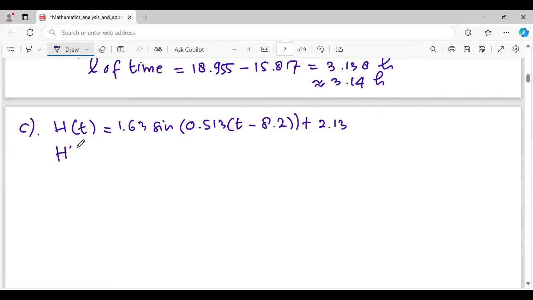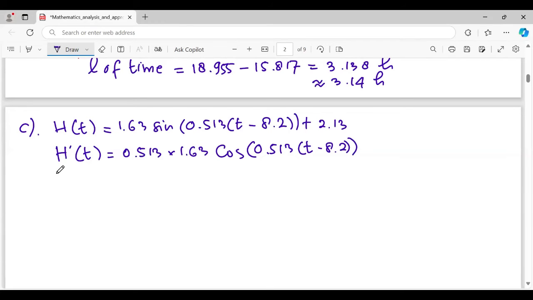And the derivative of this function is 0.513 times 1.63 cosine(0.513(t minus 8.2)) plus 0.